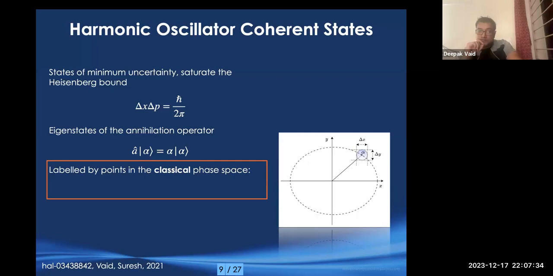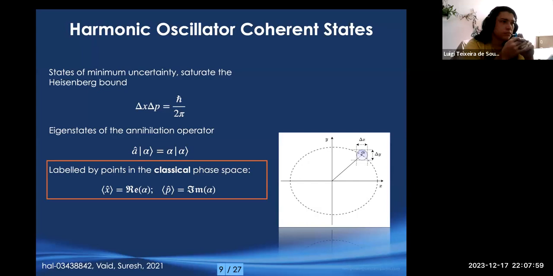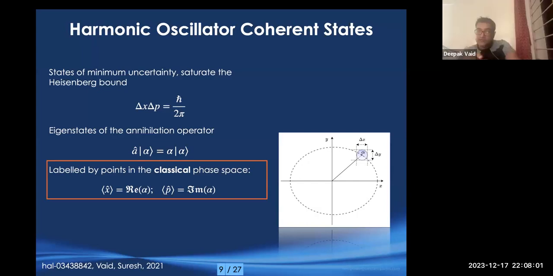If you calculate the expectation value of the momentum operator or the position operator in this coherent state, those expectation values correspond to the real and imaginary parts of alpha, respectively.